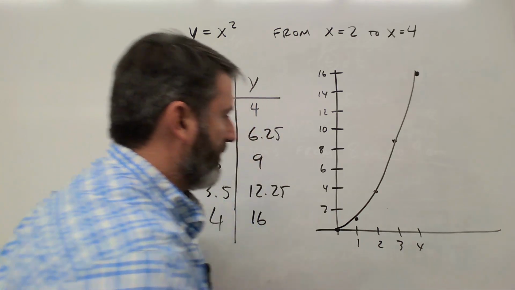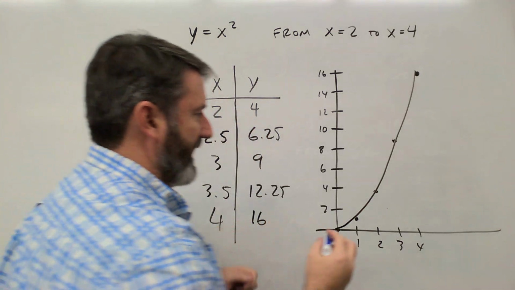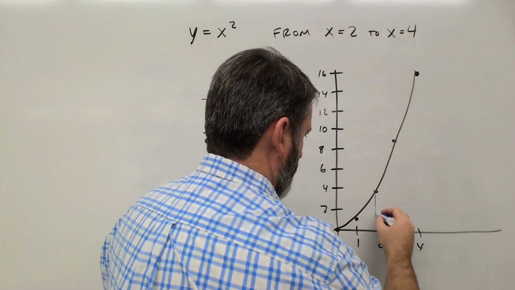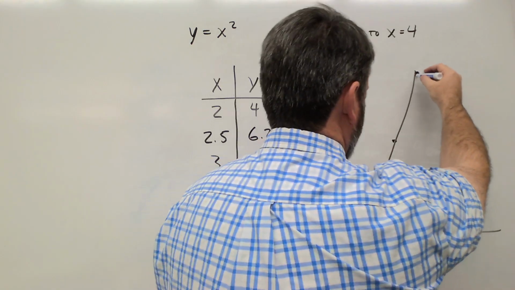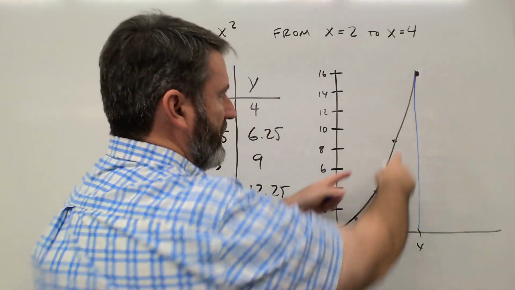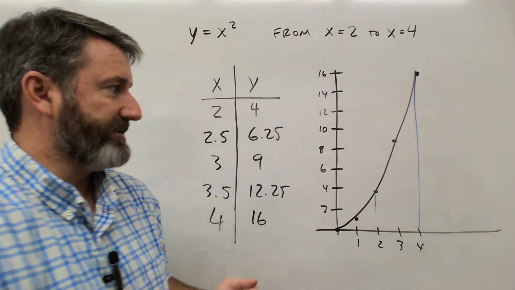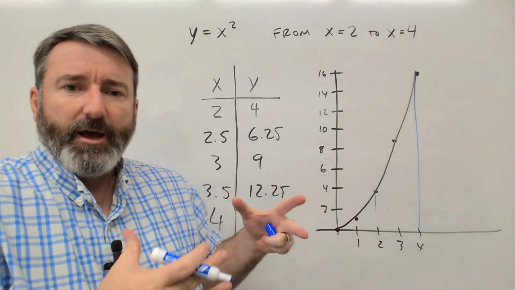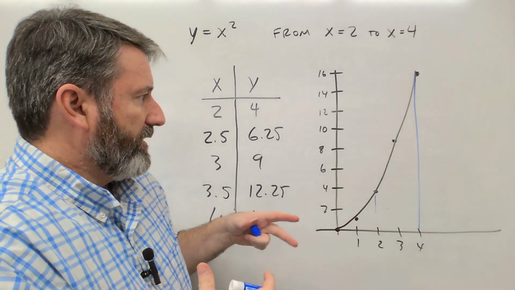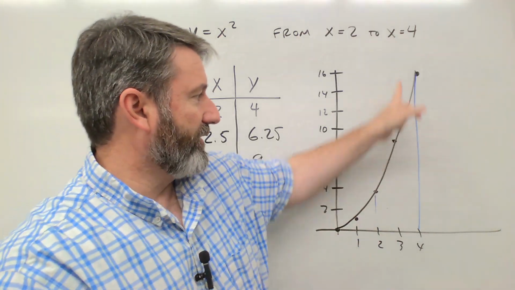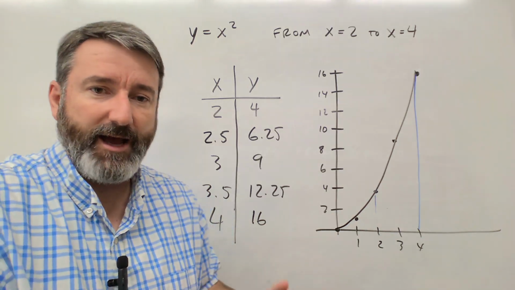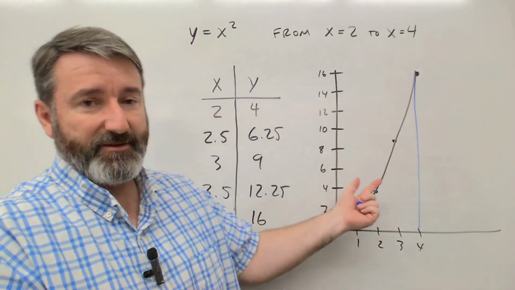All right, so now what we're trying to do is estimate this area from 2 to 4 between this curve and the x-axis. And we're going to need calculus in order to find this exactly. But for right now, what we're asked to do is estimate this.